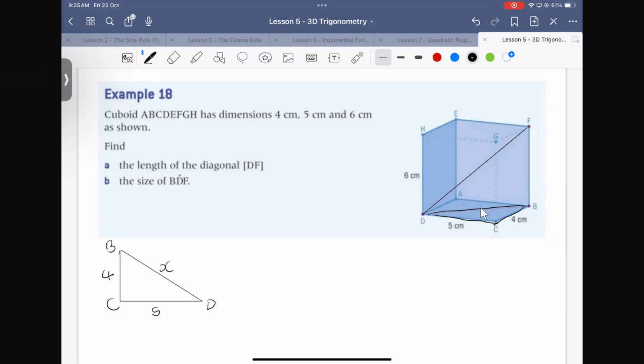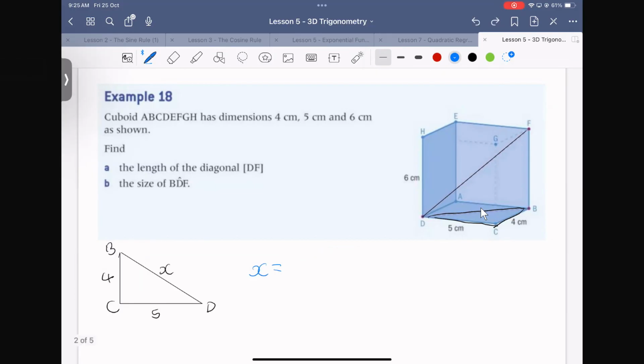In order to find this particular length, what formula could we use? Yep. If we write this into Pythagoras, it tells us that x is going to be the square root of 4 squared plus 5 squared. Can we simplify that? Don't simplify it into 3 significant figures.